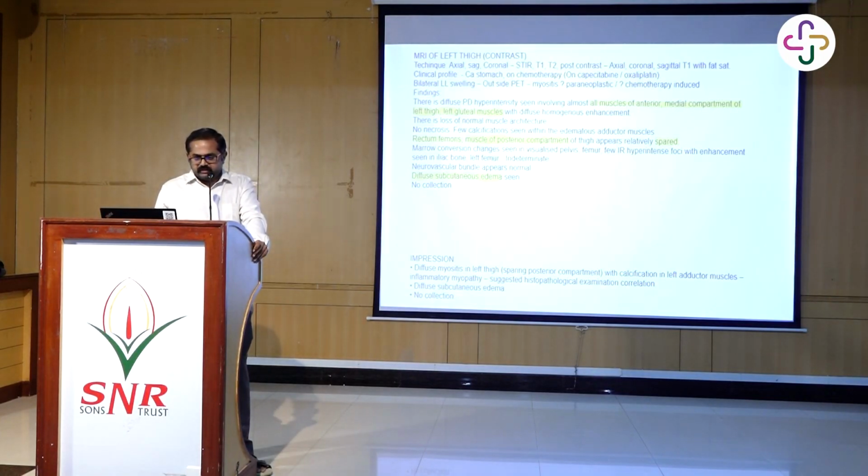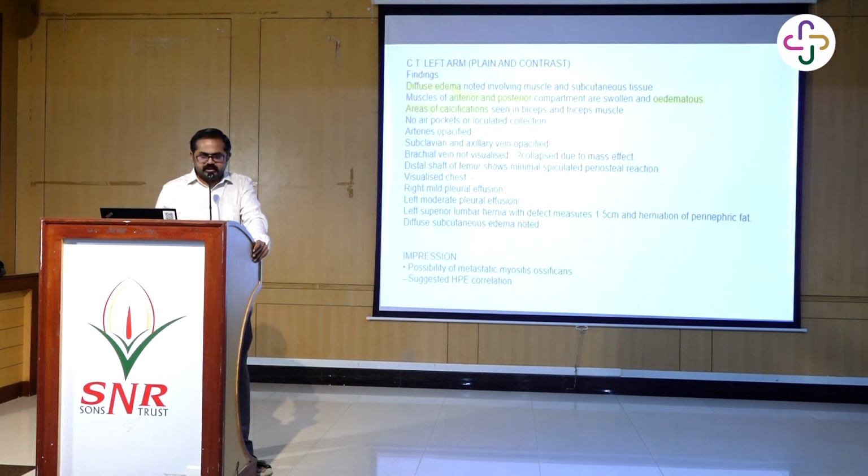In the MRI, there is diffuse hyperintensity involving all the muscles of the anterior medial compartment of the left thigh and left gluteal muscles, but the posterior compartment muscles as well as rectus femoris are relatively spared, and there is diffuse subcutaneous edema. So even in the single limb there is an asymmetrical pattern of involvement.